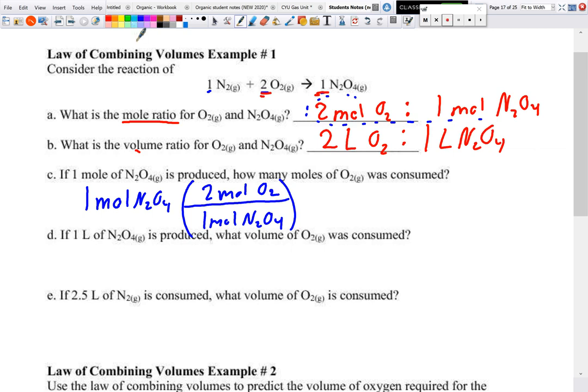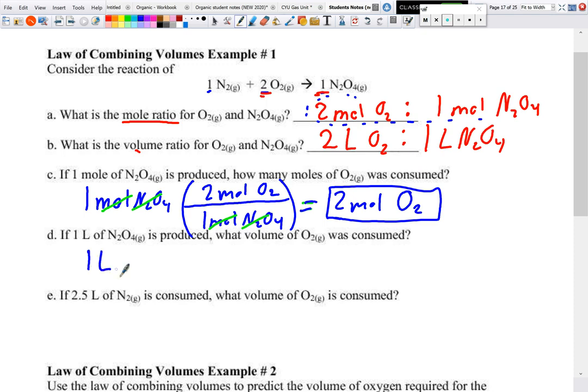So if we do this, we'll notice moles of N2O4 will cancel out, and we're left with 2 moles of O2. Right? And this could even jump forward, and in our next example there, using our liter ones.